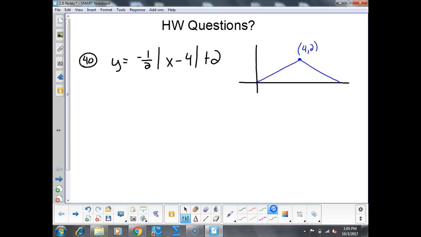Well, it's a triangle, and it goes through the origin, and it goes through 8, 0. So that tells me that the base is 8. This tells me that the height is 2. 1/2 times 8 times 2, 1/2 base times height, gives me 8 total inches of snow fell in the storm.